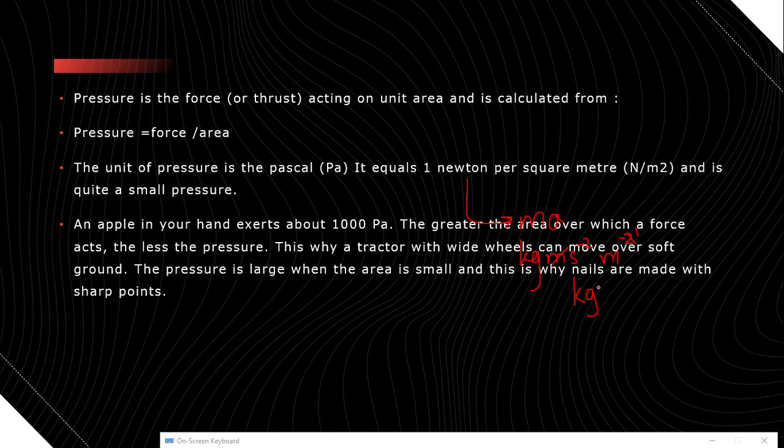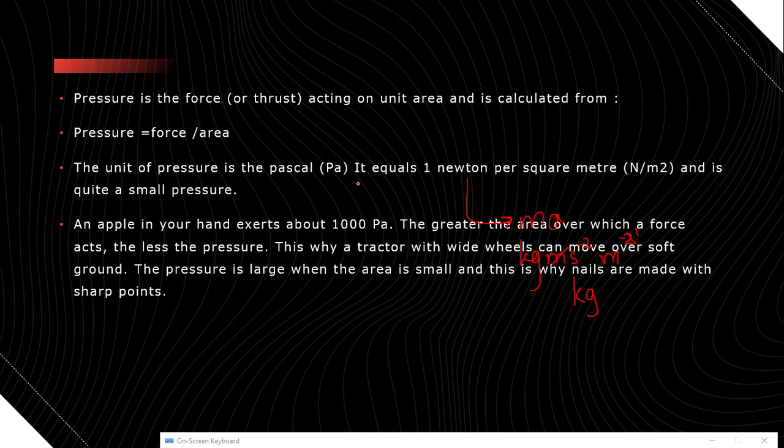Moving on, an apple in your hand exerts about 1,000 pascals. Now, the reason it's written over here that pascals is a very small unit of pressure is that, however it is the SI unit, it is a very small unit of pressure, and in most daily life scenarios, the pressure that we'll be dealing with is in thousands or megapascals.